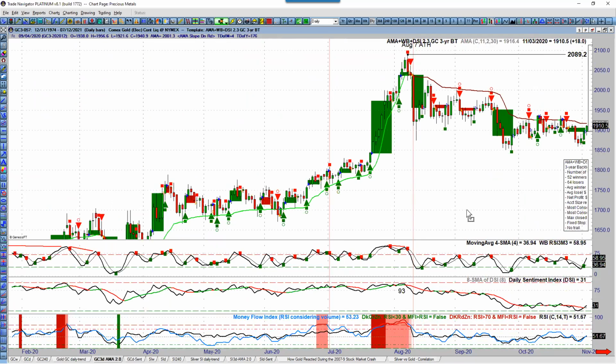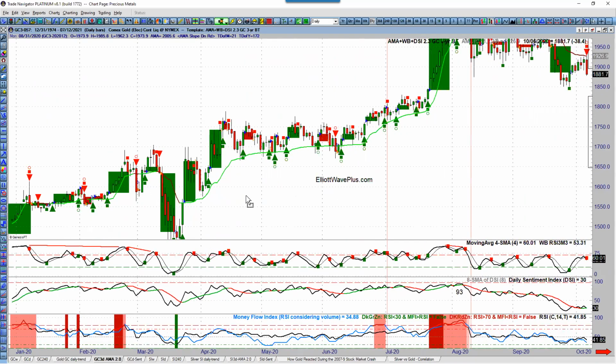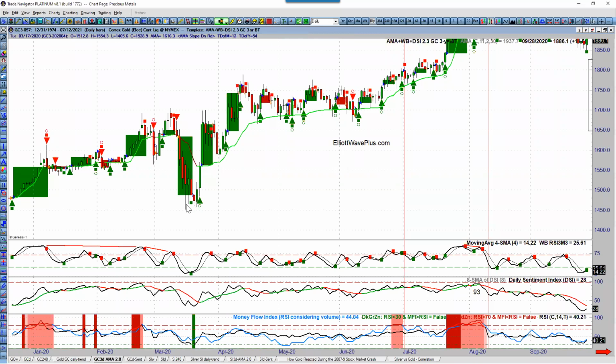That was the all-time high, almost a year ago now. So here's that March low. So there was a huge winner on shorting down into that March low. It took profit way down here, very close to the bottom.